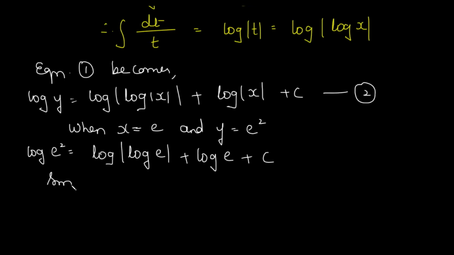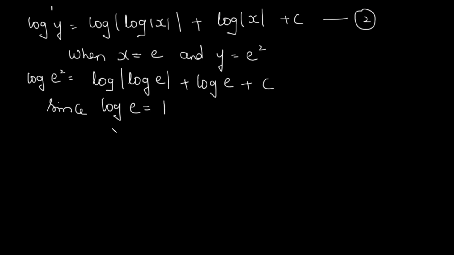So since log e is equal to 1, we can write this way, that is log e square. Now the square term, the 2 can come on the LHS, that is a characteristic of a logarithm. The power can be written on the side, so we get 2 log e, the power can be multiplied to the log. So 2 log e is equal to log 1, because log e is 1, plus again log e, one more log e, which is 1, plus c.